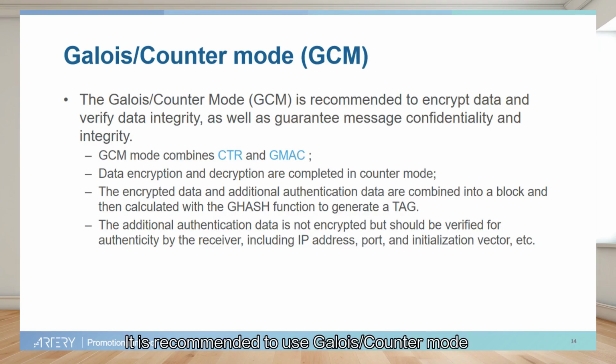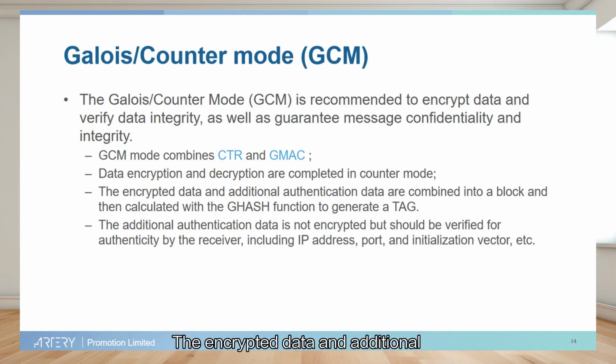It is recommended to use Galois Counter Mode (GCM) to encrypt data and verify data integrity, as well as guarantee message confidentiality and integrity. The GCM mode combines the counter mode (CTR) of block cipher encryption with the Galois mode of authentication (GMAC). In GCM mode, data encryption and decryption are completed in counter mode.